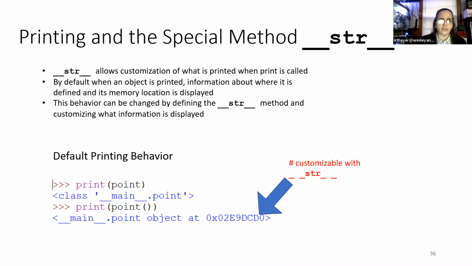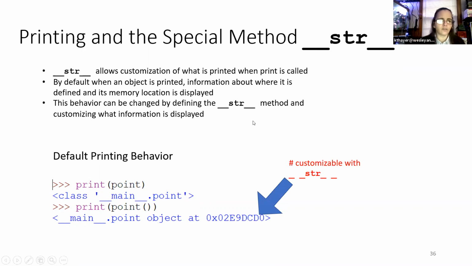By default, when an object is printed, information about where it is defined and its memory location is displayed. Well, great, but who needed to know that? Maybe that really wasn't very interesting or helpful to you, and maybe you wanted to do something else. So this behavior can be changed or customized by defining the str method and customizing what information is displayed.